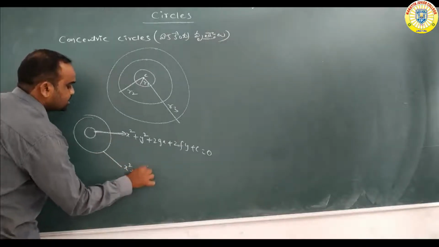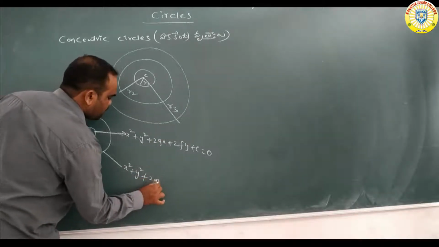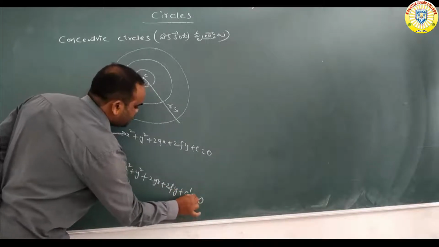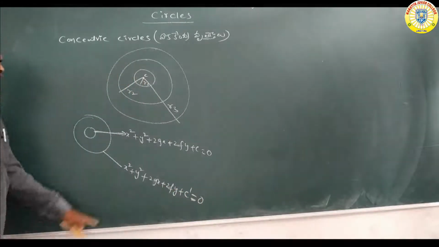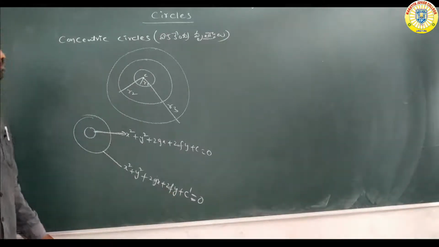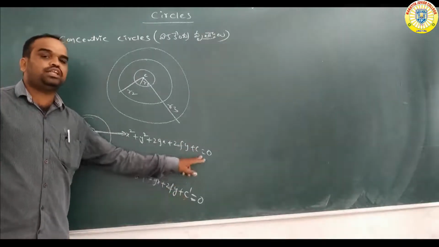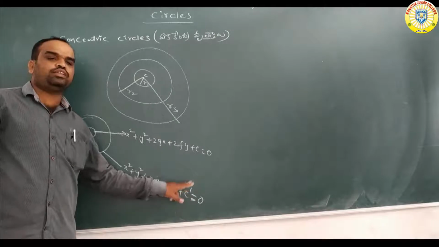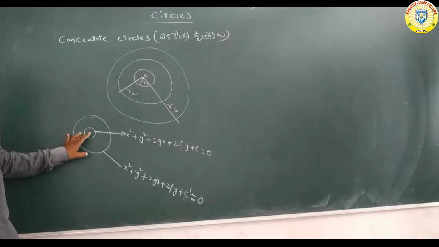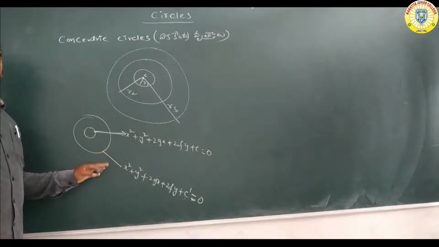Only the difference is in the constant value: x square plus y square plus 2gx plus 2fy plus c dash equal to 0. So the only difference is c dash, the difference only in the c value. The two circles have the same centers with different radii. The circles are called concentric circles.